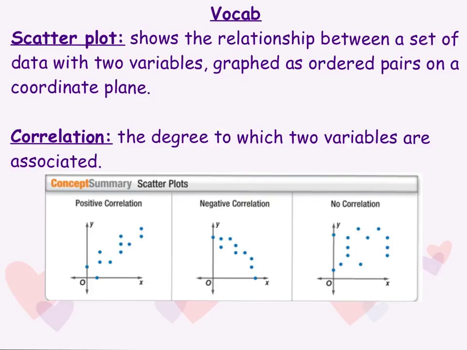So for example, I might do a scatter plot to compare your age to your height, because typically as you get older, your height increases. I might do some kind of scatter plot that compares your number of hours watching TV to your test scores.